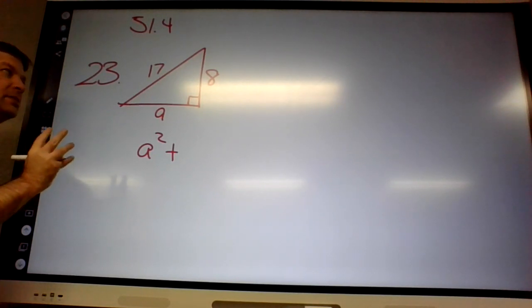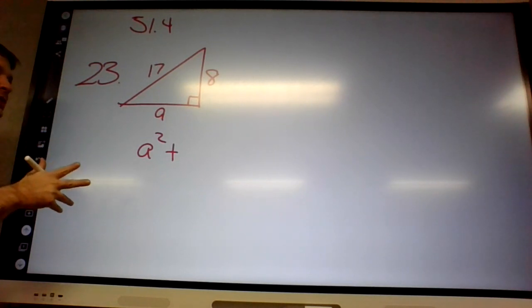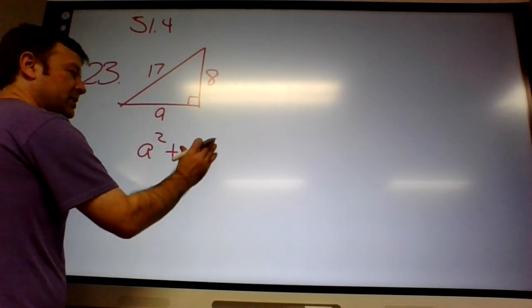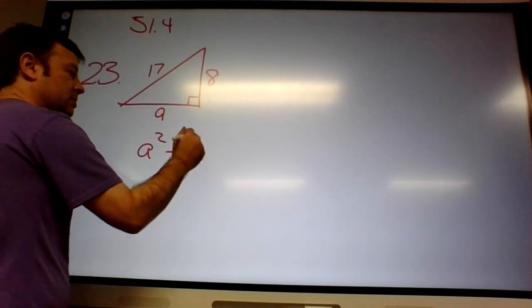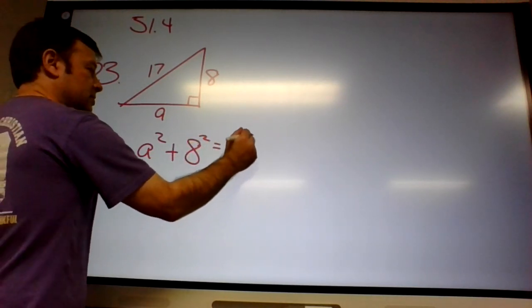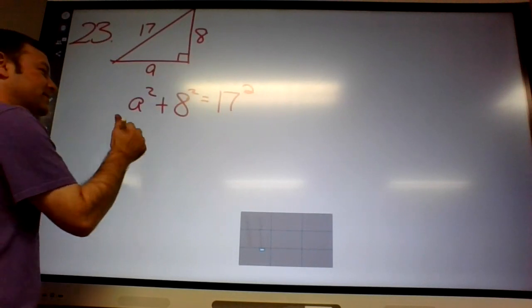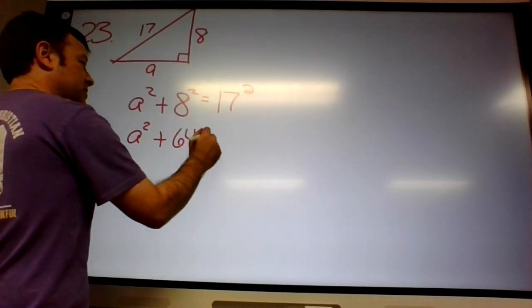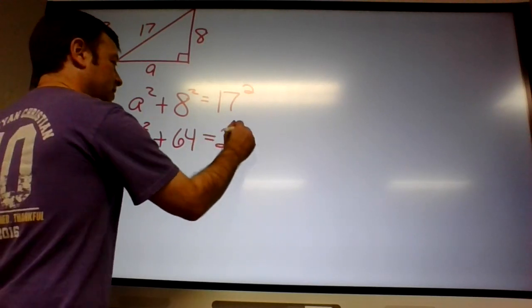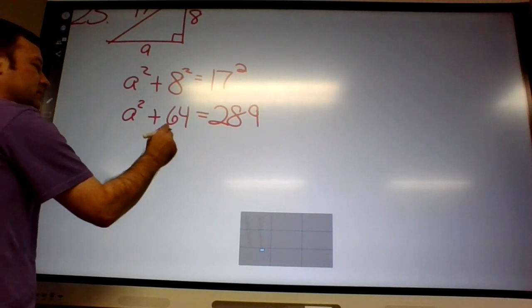The big side, it's 17, across from the 90-degree angle. So the two legs, the two smaller sides, should add up to the hypotenuse. Anyways. 8 squared is 64, 17 squared, I think that's 289. And then you subtract 64.